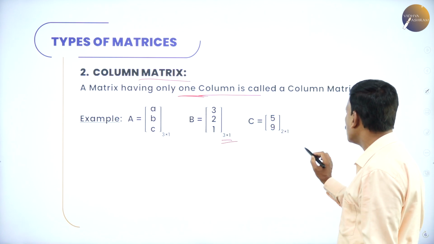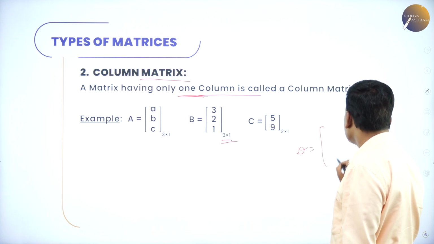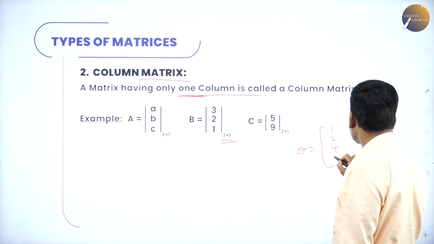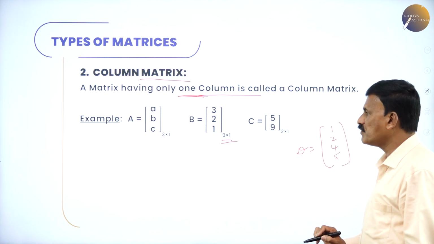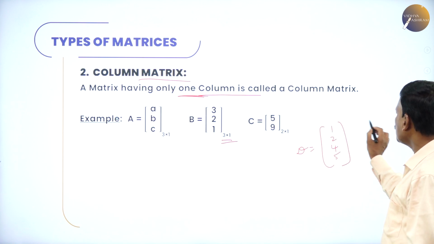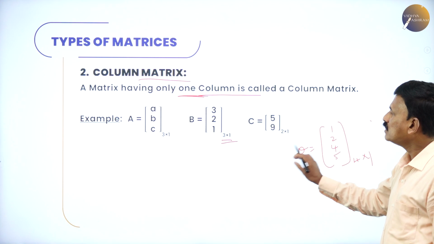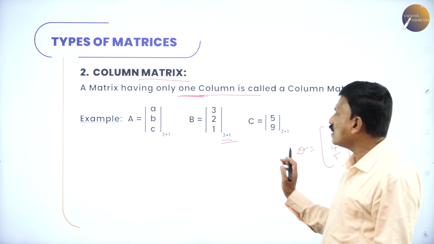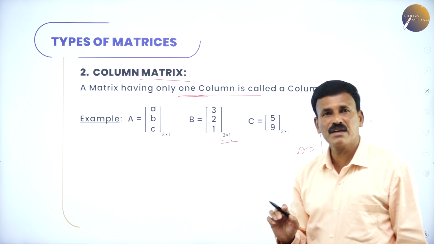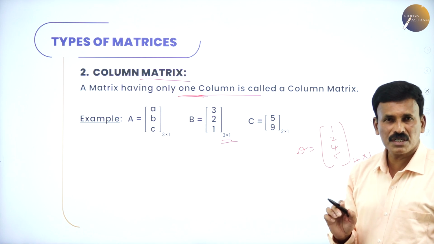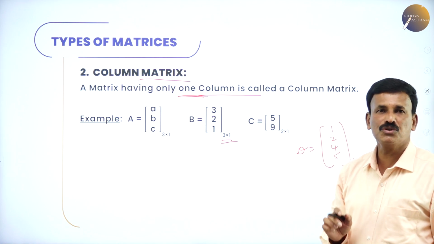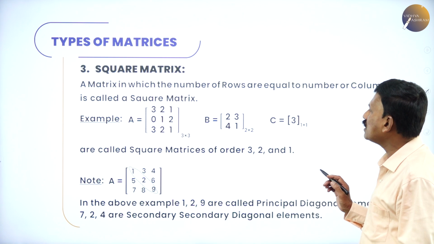See another example: 1, 2, 4, 5. This is also an example of a column matrix, which contains 4 rows and 1 column. So, a matrix having only one row is called a row matrix, and a matrix having only one column is called a column matrix.